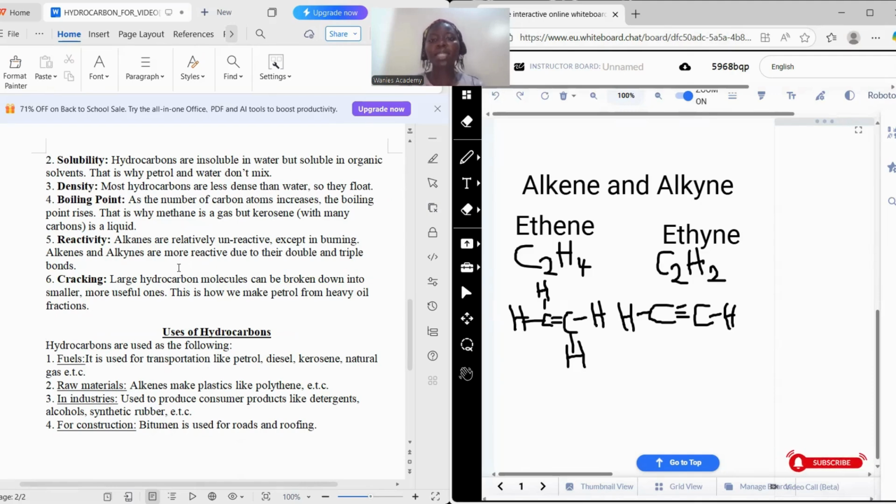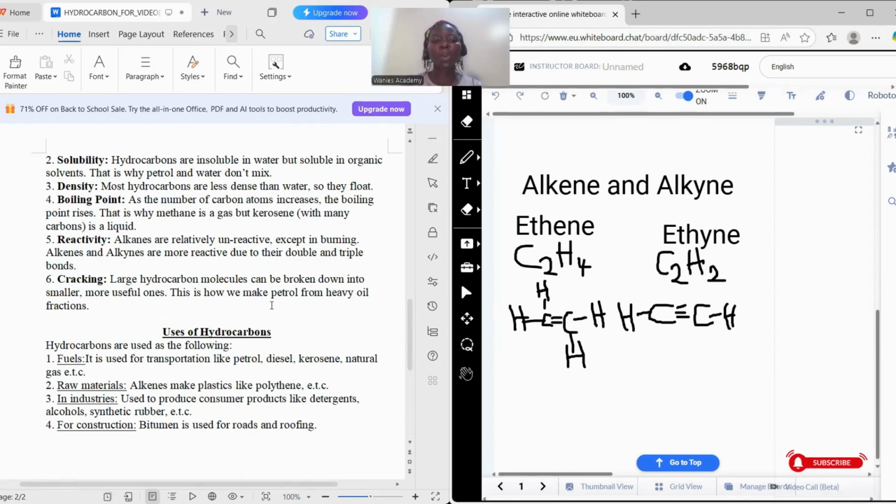If you look at the types of hydrocarbon, the alkanes, alkenes, and alkynes, alkanes are generally unreactive due to the presence of their single bond, while alkenes and alkynes are very reactive because they have double bond and triple bond.